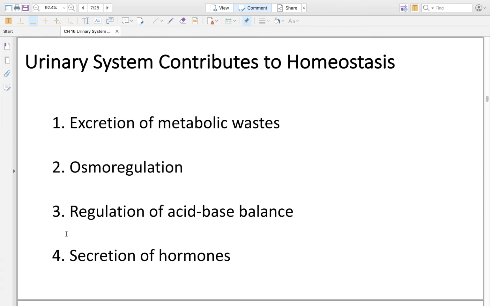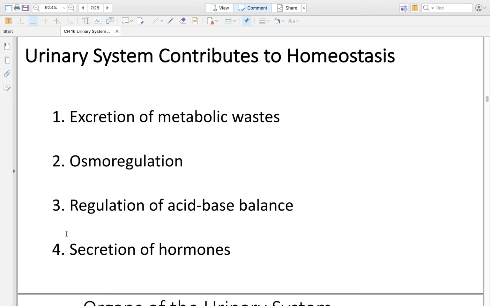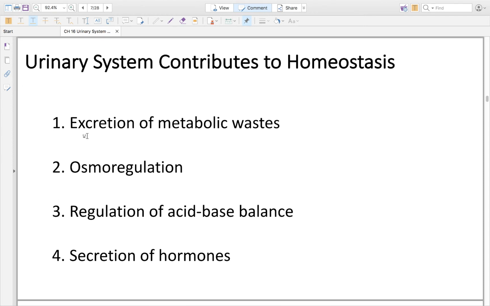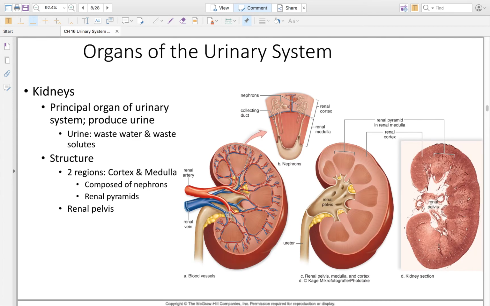All right. So the four functions: excretion of metabolic waste, osmoregulation, regulating pH, secreting hormones. Okay, let's go on. Now, what about the kidney? The kidney is the principal organ of the urinary system, and that means it's the primary organ of the urinary system.